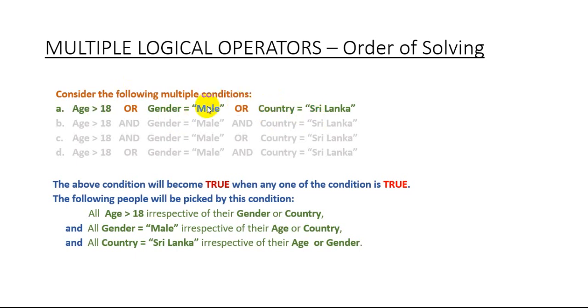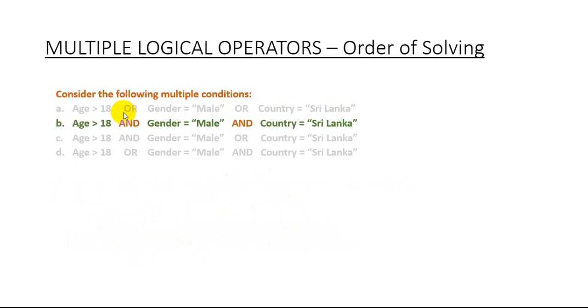All the males will be picked, plus all the Sri Lankans will be picked, whether they are male or female, or whether they are 18 or less than 18. So that is what OR will do. It will pick all the above 18, plus all the males, plus all the Sri Lankans, irrespective of the other conditions, if you join the conditions using OR like this.